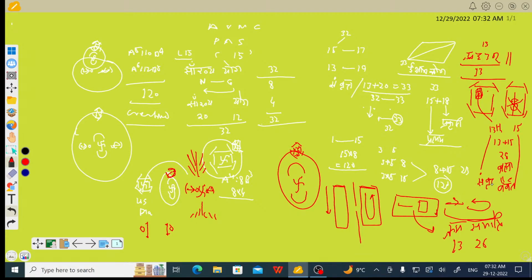So from Sanvarat to Vavrat, it is the whole reach. And you know, when we say Sanvarat and when we say Vavrat, then it is this 13 to 15.